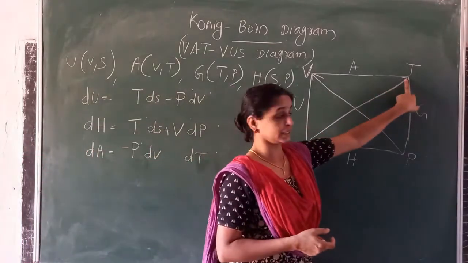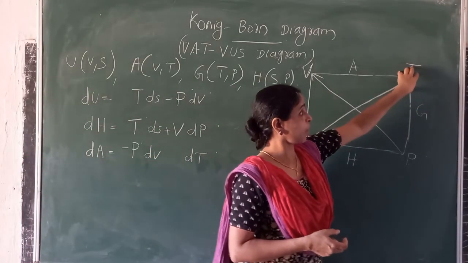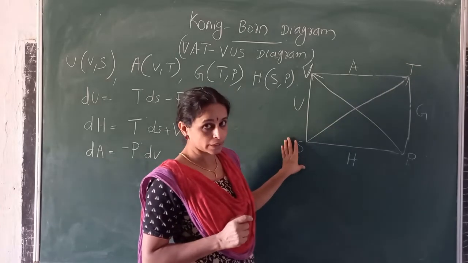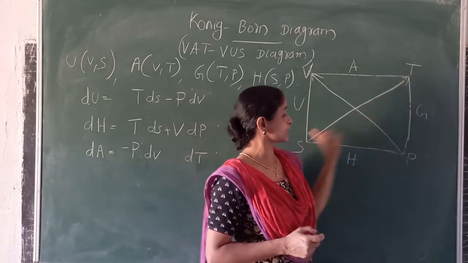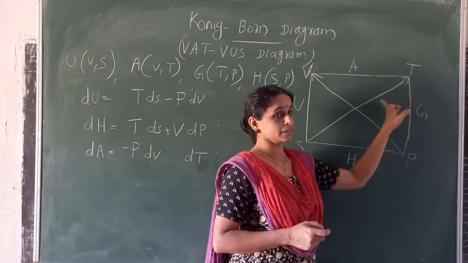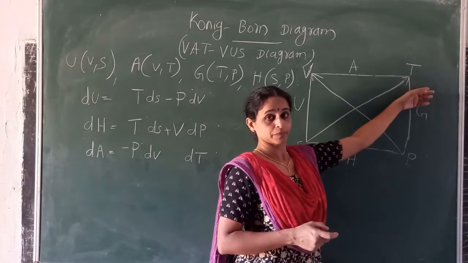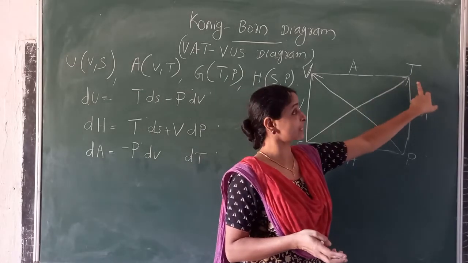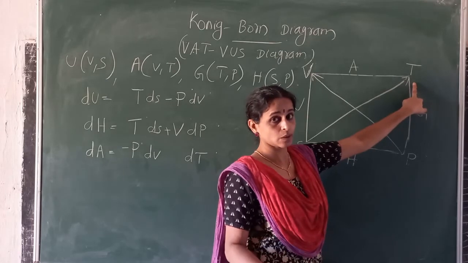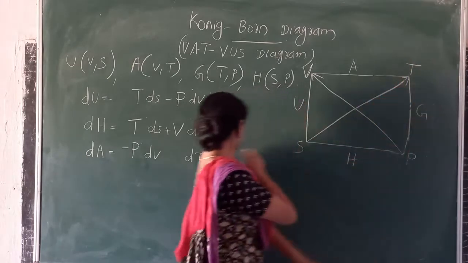Similarly for T, from the differential coordinate to the conjugate coordinate, here also the arrow is in the opposite direction. So from S to T, we have to find the conjugate coordinate from the differential coordinate.